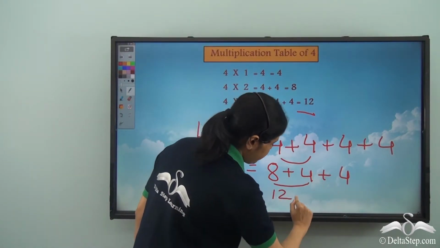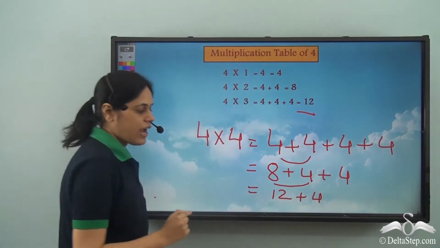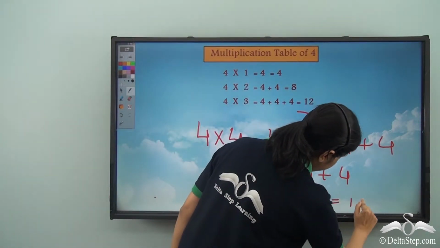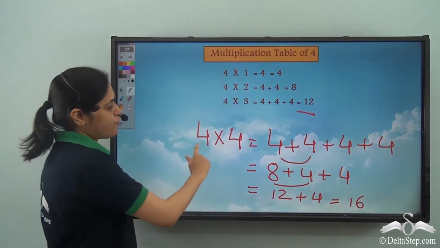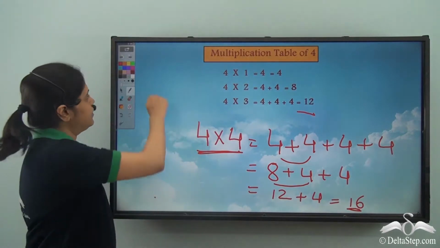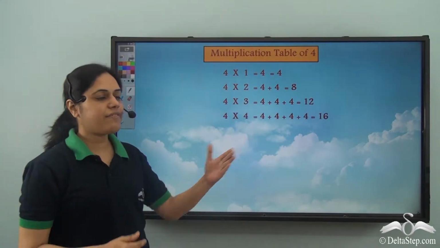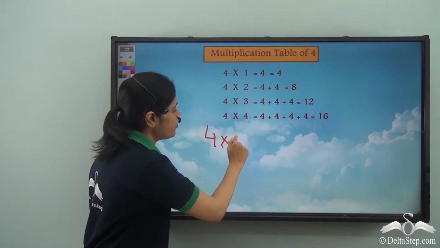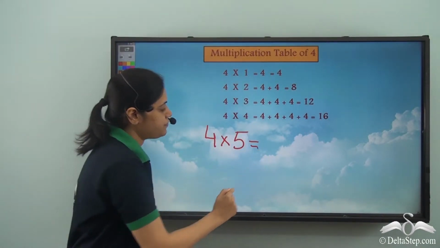So we have 12 plus 4. And what is 12 plus 4? 12 plus 4 is 16. So 4 into 4 is 16. That is what we have here. Next we need to find 4 into 5.